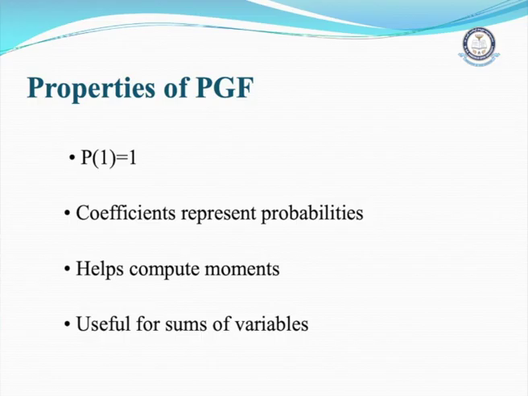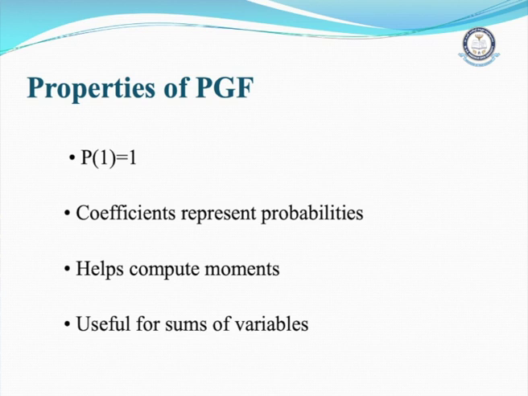So these are the properties of the probability generating function. What are the properties? First, P of 1, the probability of any constant term, equals the constant only. Suppose P of 2, that is equal to 2.